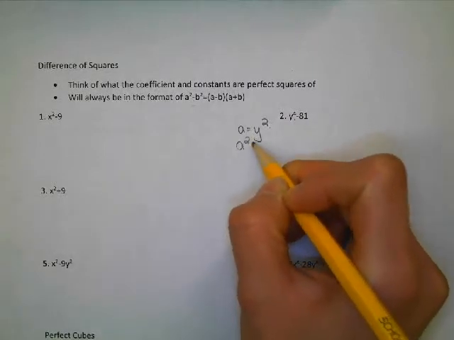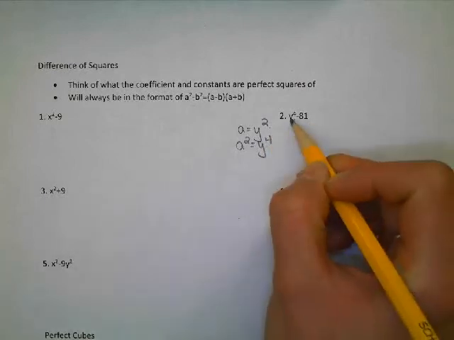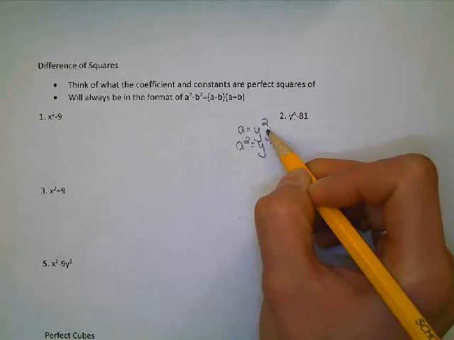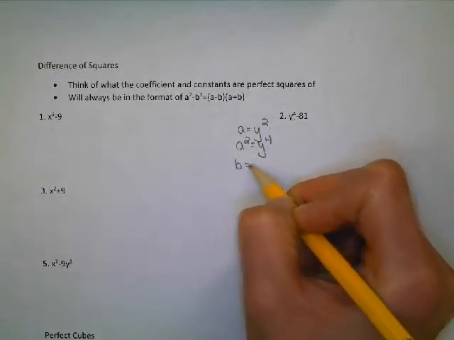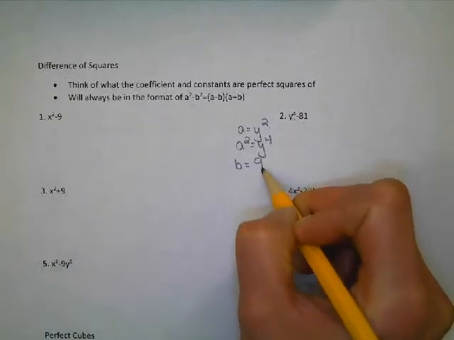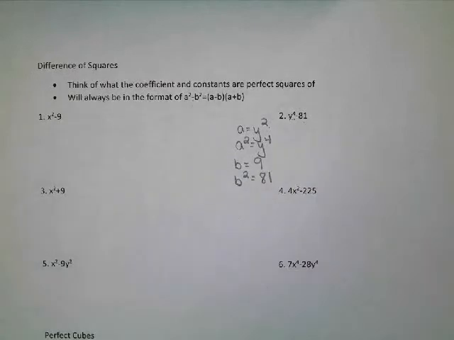So that's how I know I can break down this y to the 4th into a y squared. And the 81, well, the square root of 81 is 9, so b is going to be 9. That way, if I square it back, I get 81.